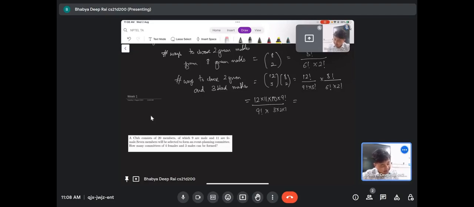Okay. Times 8 factorial, which is 8 times 7 times 6 factorial, divided by 6 factorial times 2 factorial, which is 2. So let me cancel out the 9 factorial here with the 9 factorial here. Let me cancel out 6 factorial here with 6 factorial there. Okay. Now any other cancellations possible?